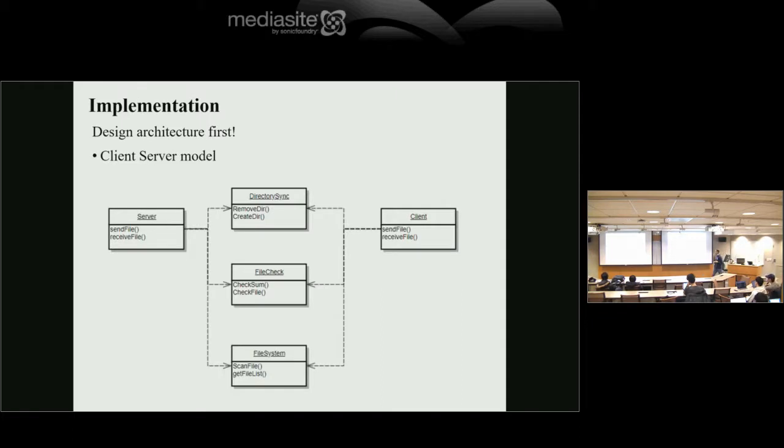Before going to the code, I'd like to talk about my design first. Basically, my design right now is a client-server model. I have a client and I have a server. They should be spawned by different processes. Both client and server have a send file and receive file function, which will support the file transfer between the client and server.